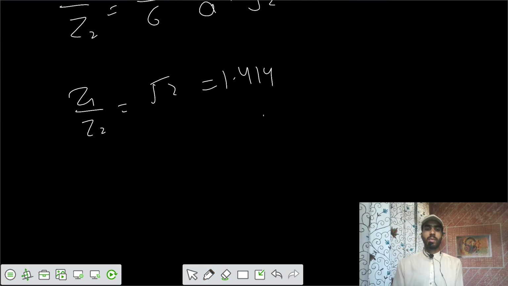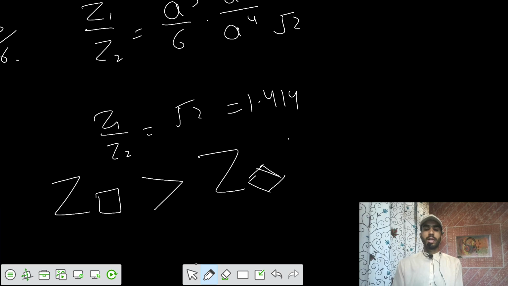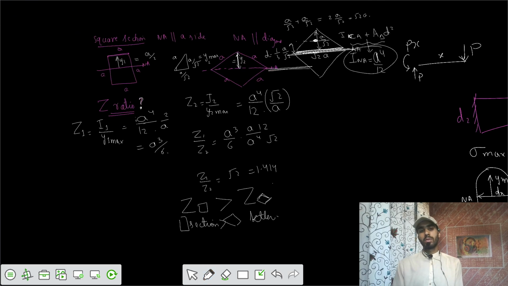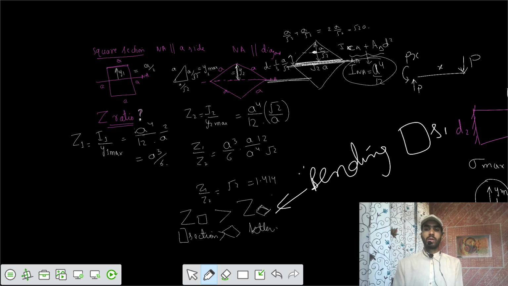That means your Z for the square is greater than Z for that rhombus, or we can say diamond. So you can say the rectangular section or square section is better than this one. So the bending strength of the rectangular section is more than that of the other. This concludes that the bending strength of the rectangle is more.